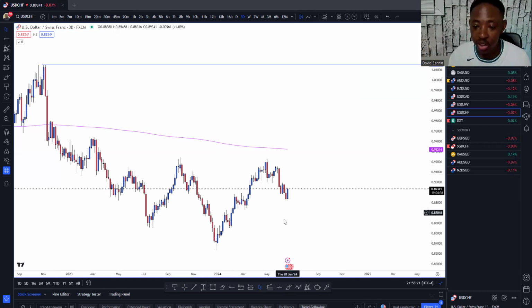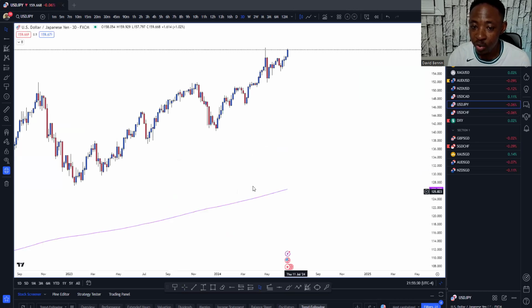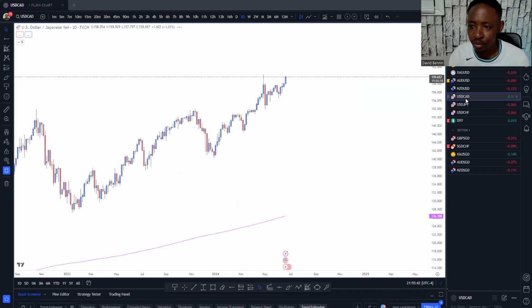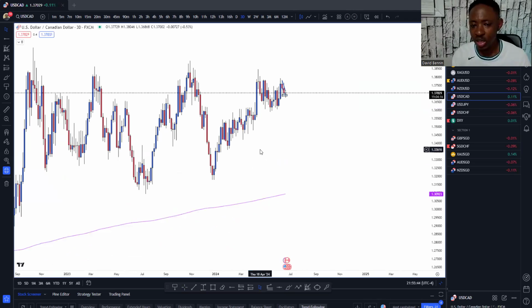If the dollar is strong and I'm buying, I know that USDCHF is trading below this EMA here. Compared to USDJPY, which is trading way above the 544 EMA, I know just by looking at this that USDJPY is more bullish than USDCHF. And USD CAD is also more bullish than USDCHF, but USDJPY is more bullish than USD CAD.